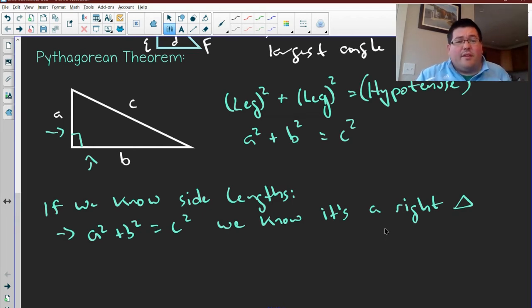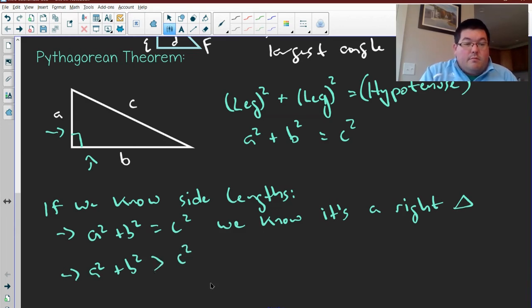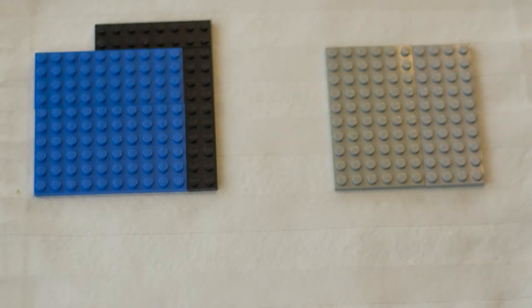But what about if a squared plus b squared is larger, right? What if a squared plus b squared is bigger than c squared, right? What would happen then? Well, let's take a look at this situation here. Notice I have a circumstance here now where the sum of a squared and b squared is now bigger than c squared.